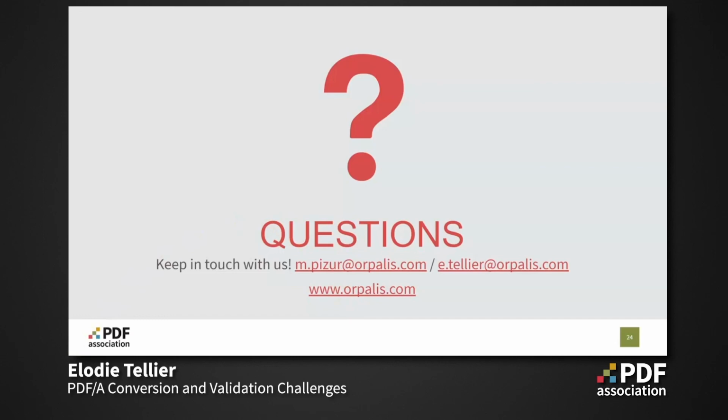So you mentioned rasterization as a process by which very simple PDF/A files can be produced. But are there other options when a file cannot be converted to PDF/A? Most of the time, at least from our part, when we try to convert a PDF, we are trying to keep it as it is.